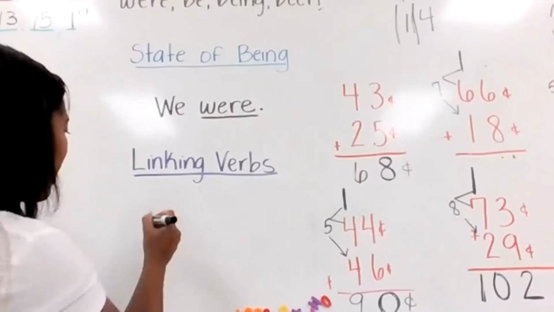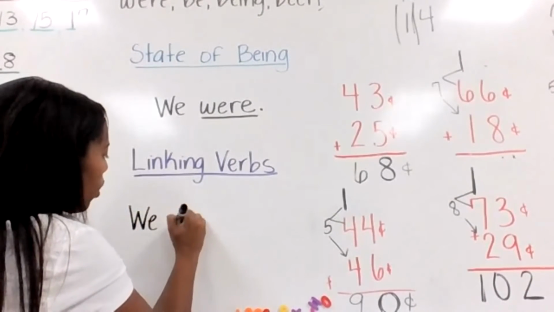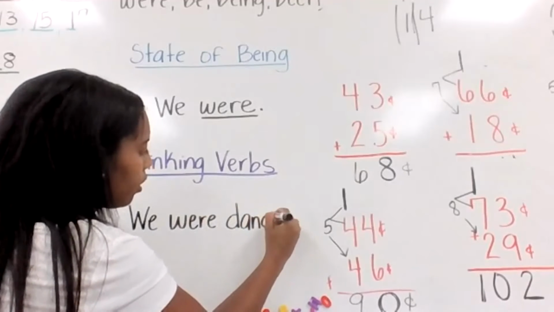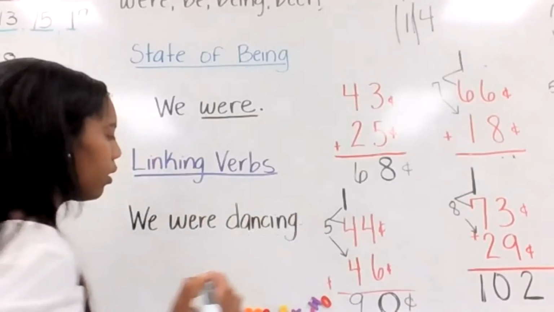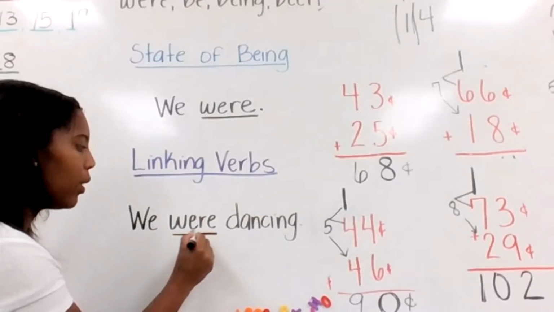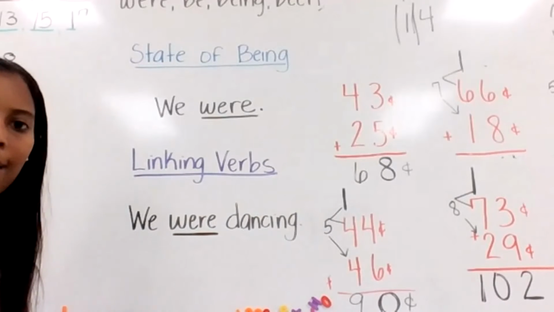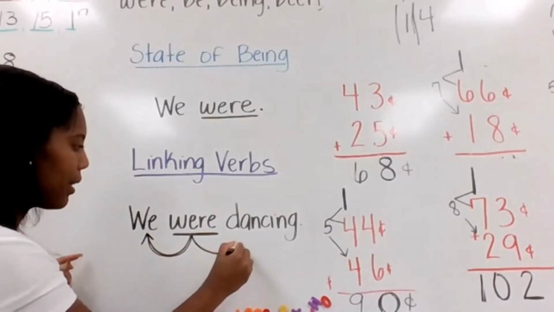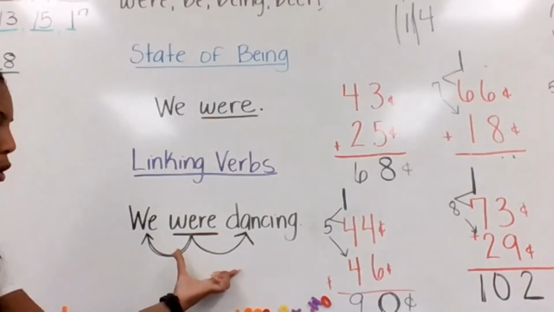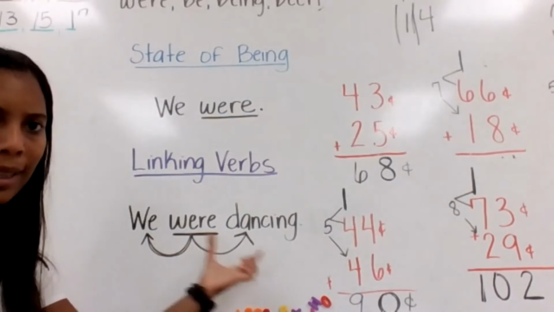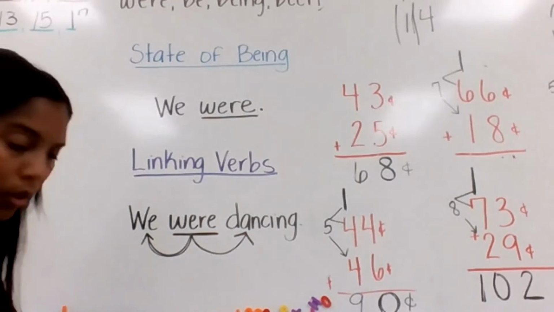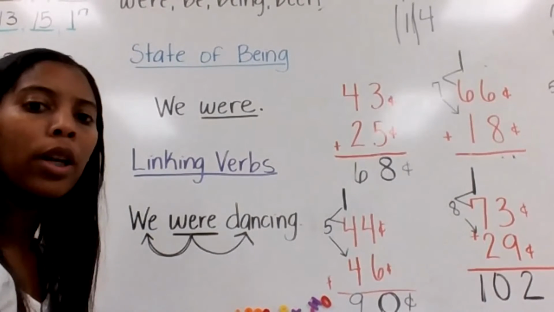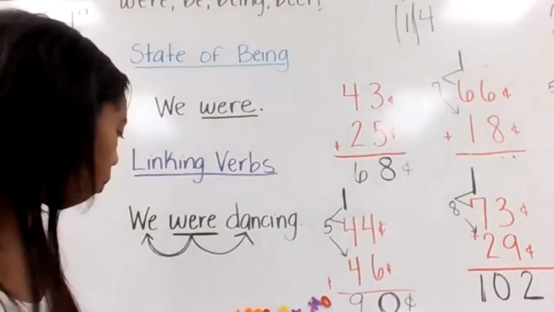Now if I would say "we were dancing," were now turns into a linking verb. It is linking we, and what about we? Dancing. It links those two parts together. We were dancing.